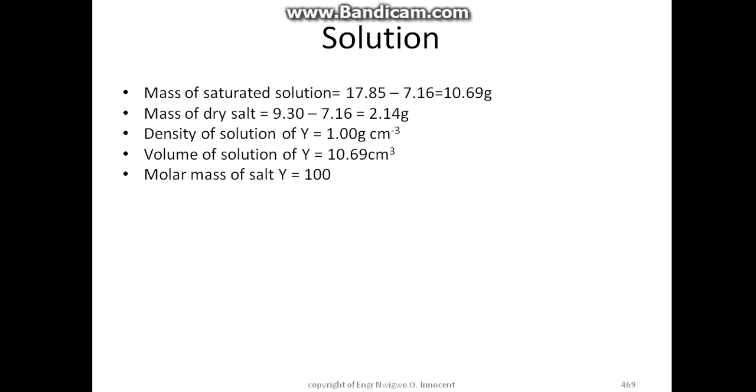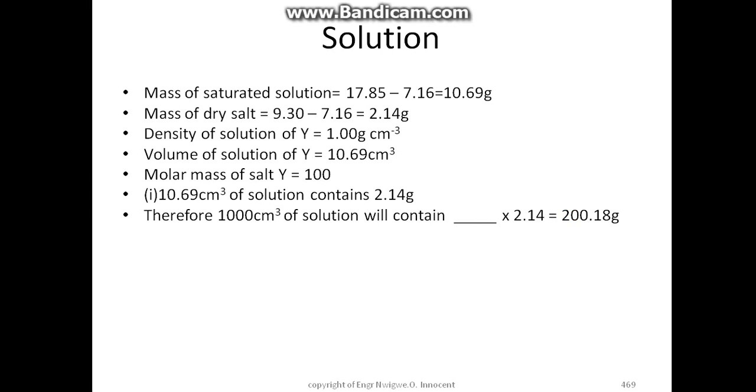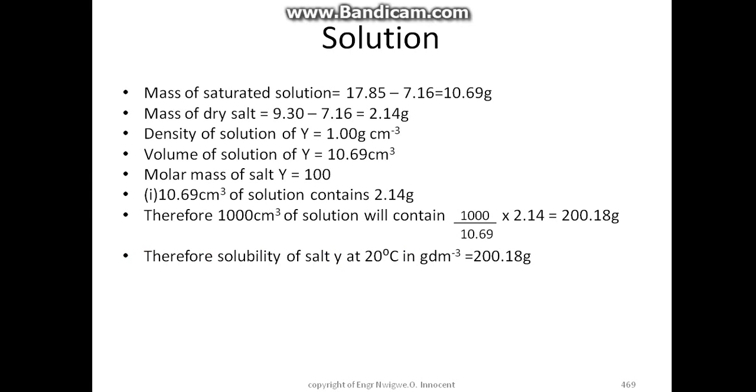Molar mass of salt Y equals 1000. 10.69 cm cube of solution contains 2.14 gram. Therefore, 1000 cm cube of solution will contain 1000 over 10.69 times 2.14, giving us 200.18 gram.